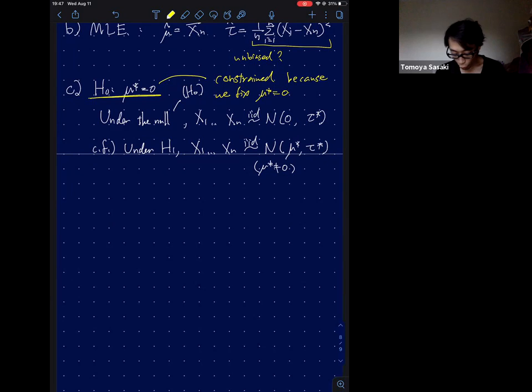Under the alternative hypothesis, we're not fixing the value of mu; unless it's 0, we allow mu star to take any value. That's going to be unconstrained. So in the likelihood ratio test, it's the test between the constrained null hypothesis versus the unconstrained alternative hypothesis.